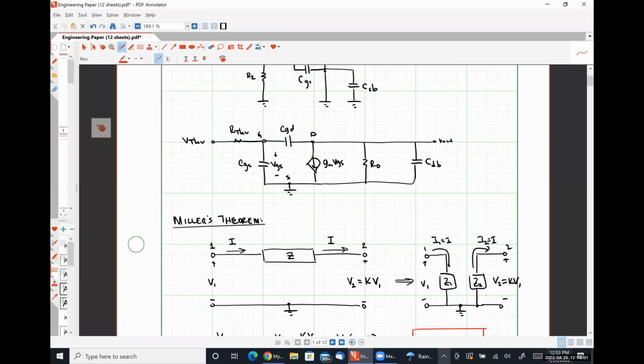Well, this is a common source amplifier where without all this other stuff connected, the gate node is our input and the drain node is our output. So the relationship between the input and the output is just the gain of our common source amplifier, negative GM RD.